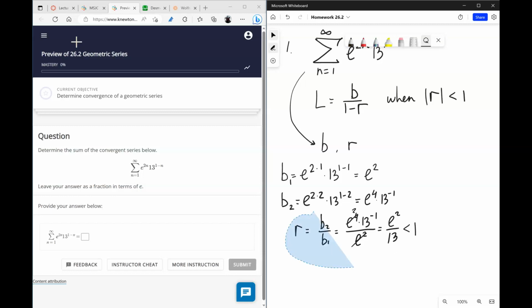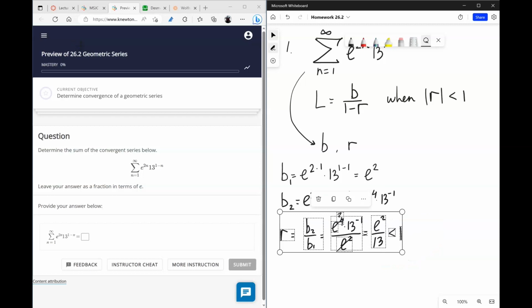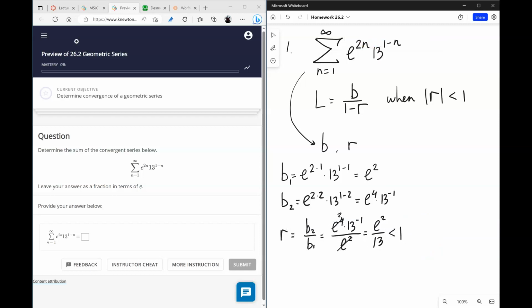So this series definitely converges, and if it converges, it has to converge to b, which is e squared divided by 1 minus e squared over 13. That's the formula. And here we're asked to provide the exact answer.